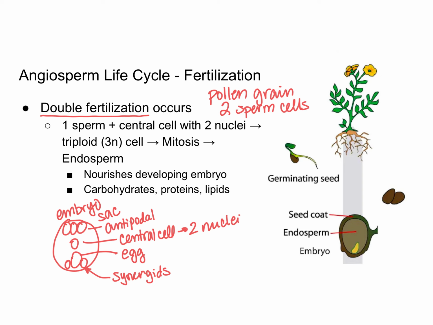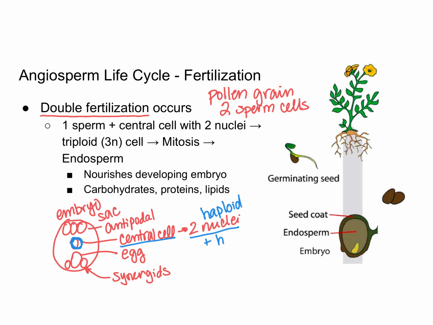So one of the sperm cells is going to merge with this central cell. Remember that this central cell had 2 haploid nuclei. And then the sperm cell is also going to add a haploid nucleus.